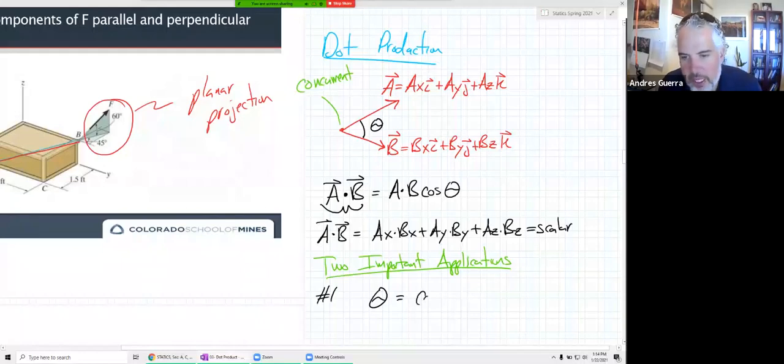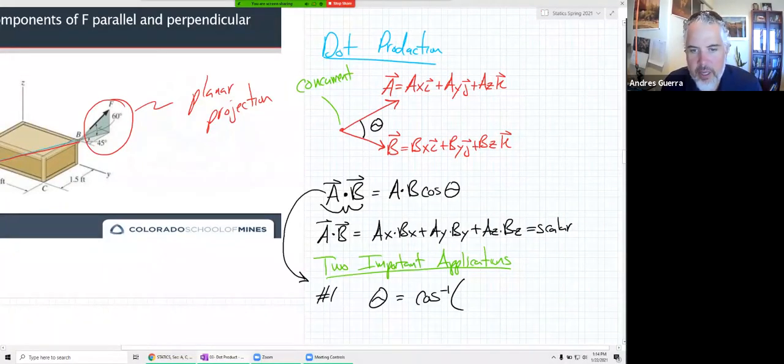So theta would be the inverse cosine. And all I'm doing is just taking that equation and solving it for theta. Theta would be the inverse cosine, and then wouldn't it be A dot product with B on the top, which is our scalar, divided by the magnitudes A times B. And we can put a note on here, right?